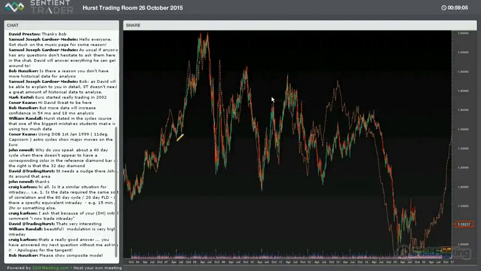Most of the time, the composite model is really just our pure cycle information. So if all you knew about the euro US dollar price movement were the cycles, then that sort of orangey line is what you would have expected. And most of the time, as you can see, the price follows the composite model line very closely.